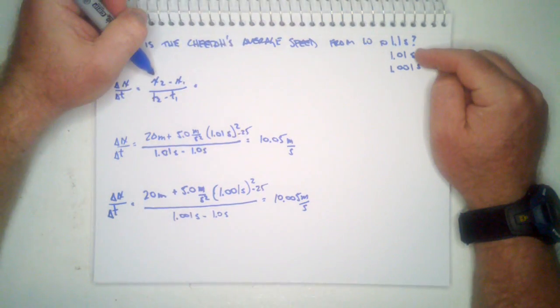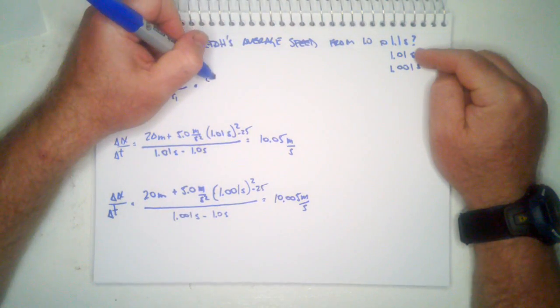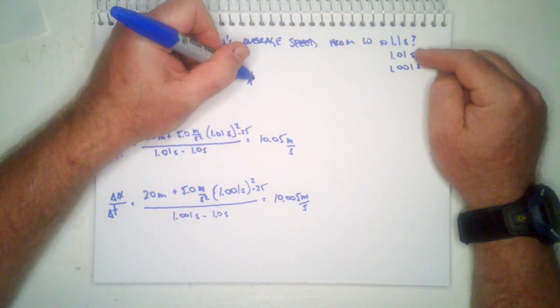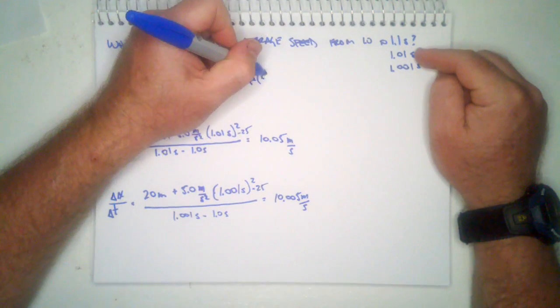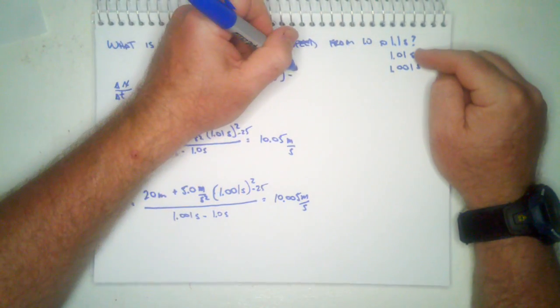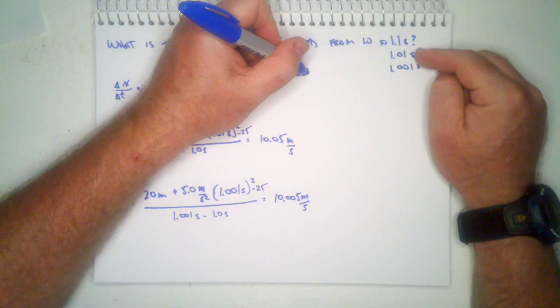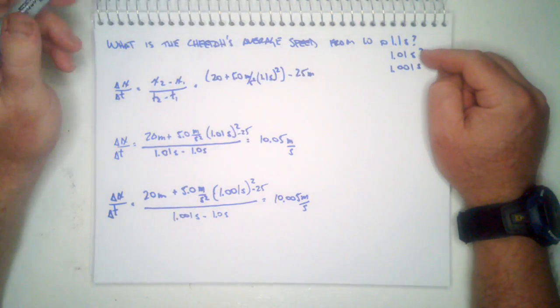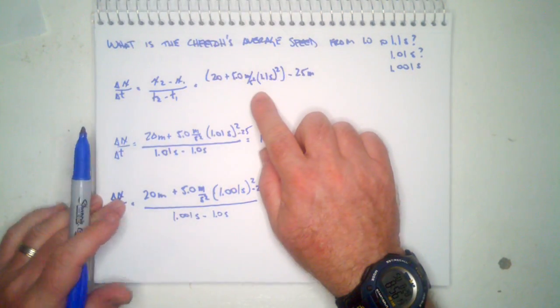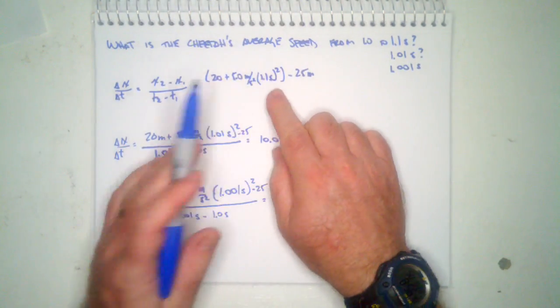So x2 equals 20 meters plus 5.0 meters per second squared times 1.1 seconds squared, minus 25 meters. So x1 is 25 meters, x2 is his position at 1.1 seconds.